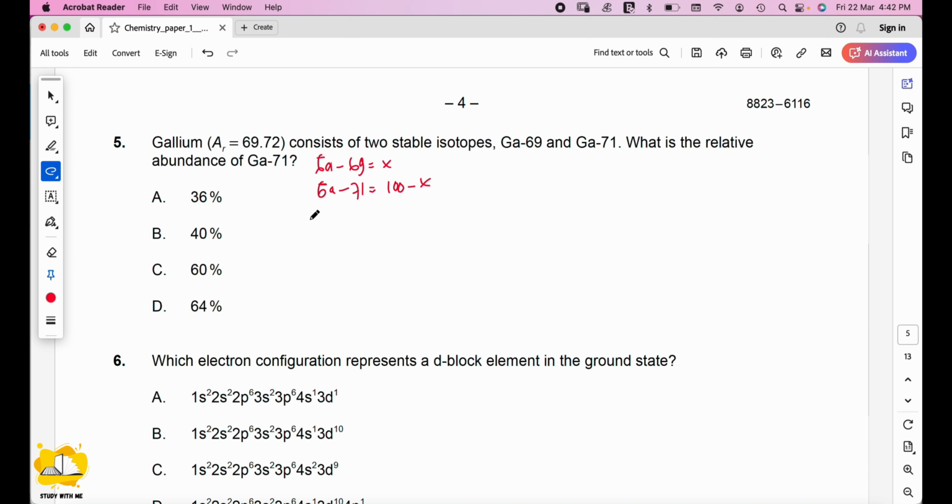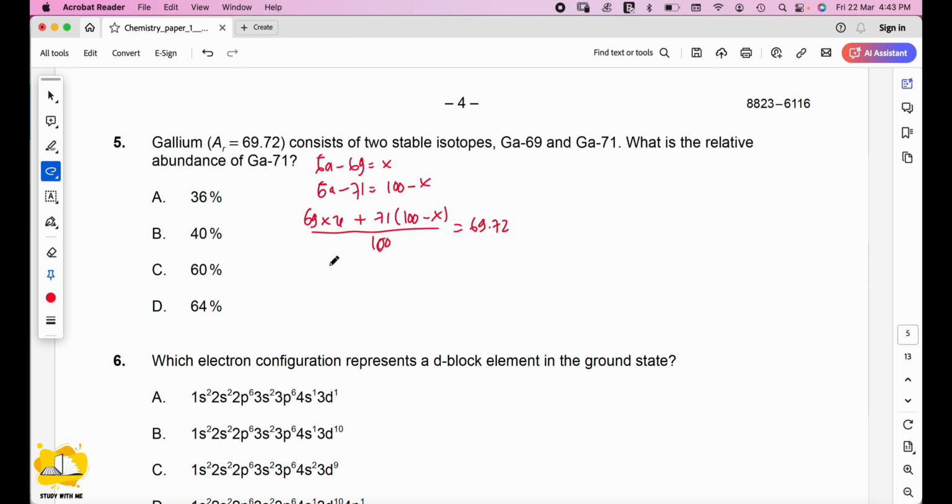If we plug into the formula, gallium-69 times x plus 71, gallium-71 times 100 minus x, divided by 100, equal to 69.72.